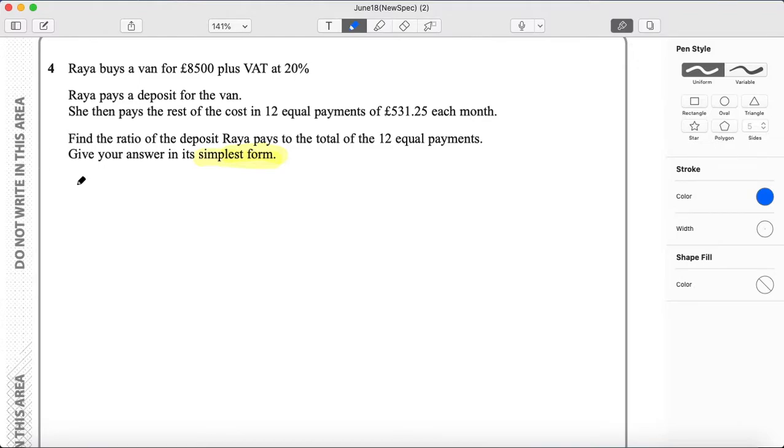Okay, so we know Rhea buys a van for £8,500 plus VAT at 20%, and that 20% is of £8,500.